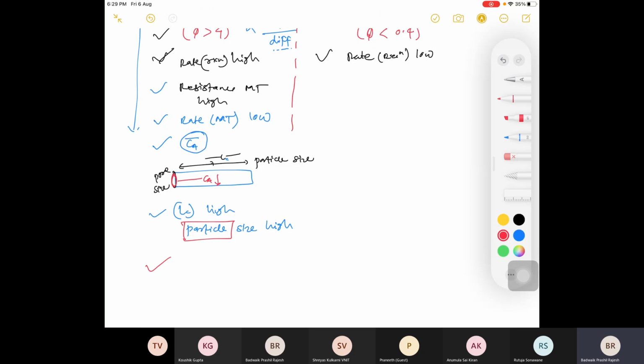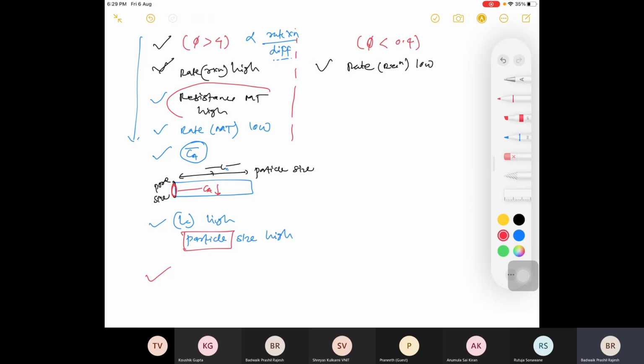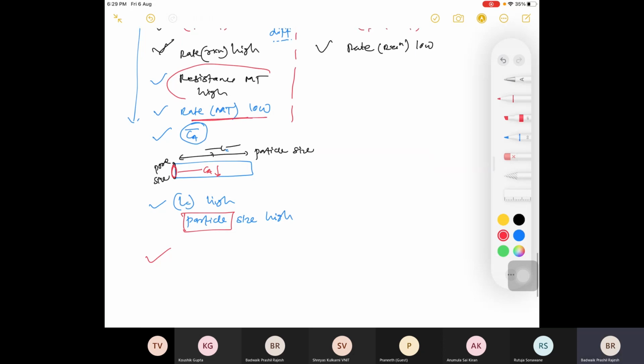That's why your mass transfer rate is low. So I'm writing here pore size is less, or you can say low. Anything is fine. So pore size and particle size, don't confuse between them. Particle size is related to characteristic length and pore size is related to your diffusion rate.